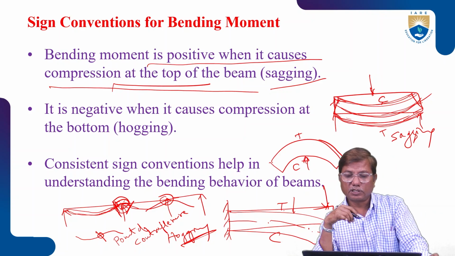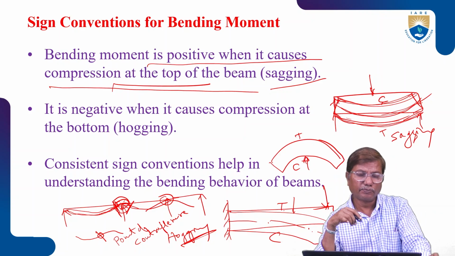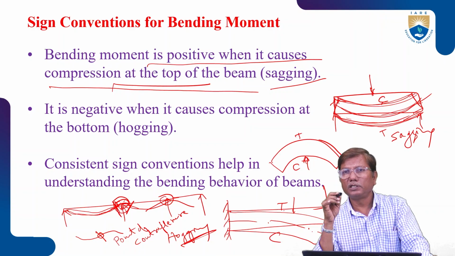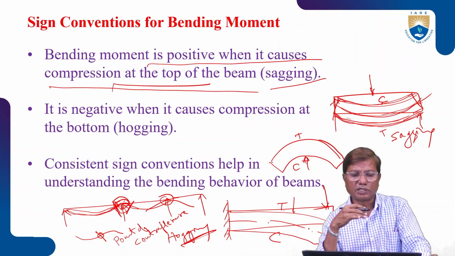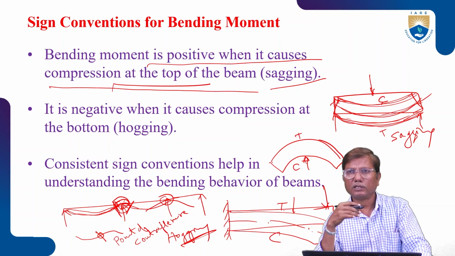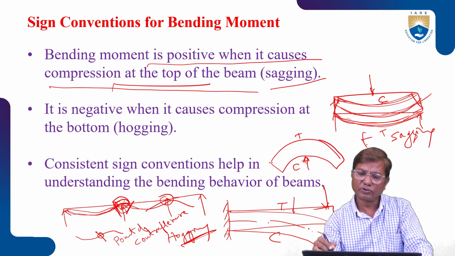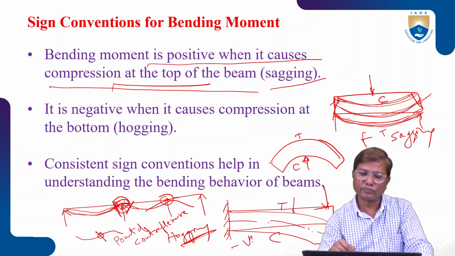That is the point where the bending moment changes sign, from positive to negative, from sagging to hogging. Sagging is positive, hogging is negative.